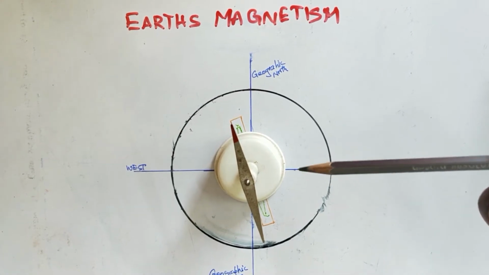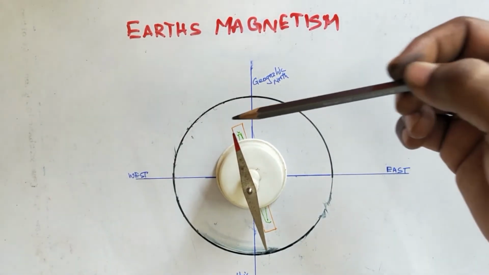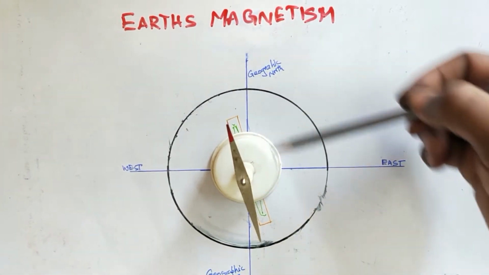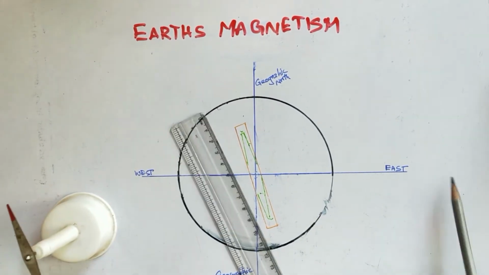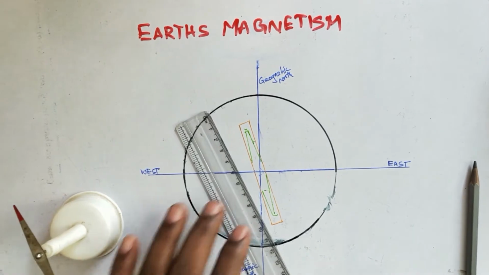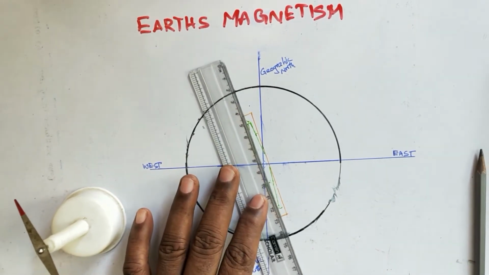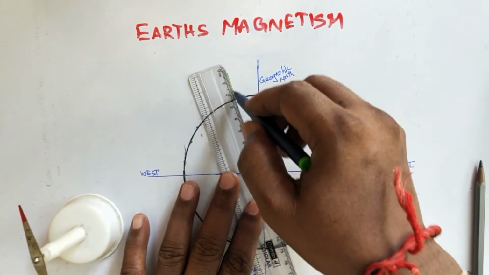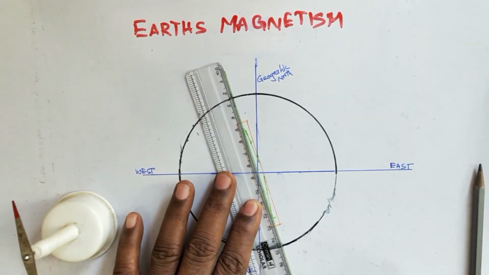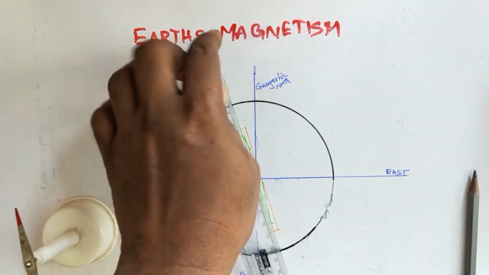Now I will join these 2 points and draw a line. So this is the line that I have drawn passing through the magnetic compass.